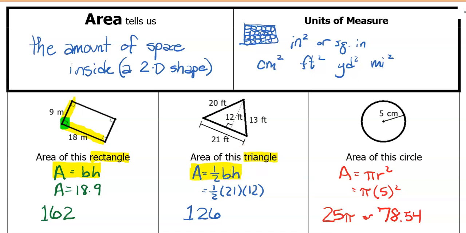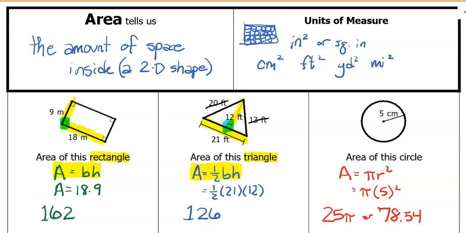A 1/2 shows up, and we have to be extra careful that we're choosing perpendicular lengths for the base and the height. So this time the 20 wasn't helpful because I didn't have anything perpendicular to the 20. 13, I didn't have anything that made a right angle with the 13 either. So I had to use the 21 as my base so that I could use the 12 as my height, since those were the only pair that were perpendicular.